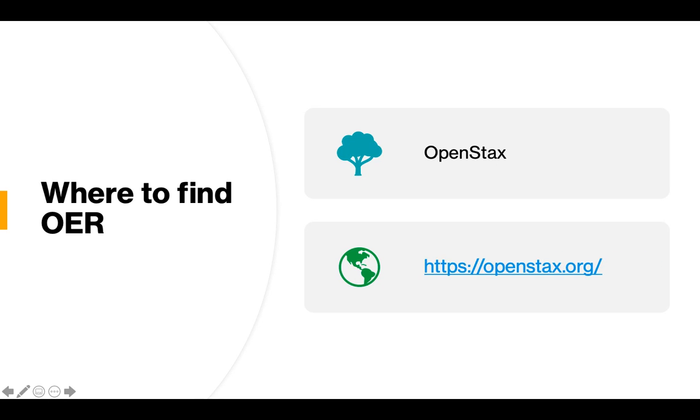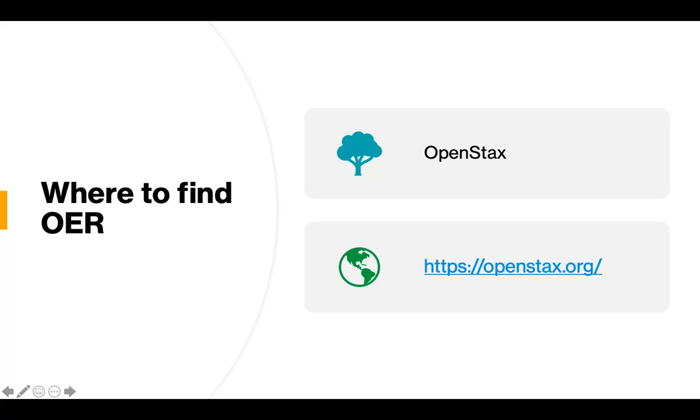The next one that I want to highlight is called OpenStax. Now, OpenStax is a source for open textbooks for high enrollment courses. So these are usually undergraduate courses with high enrollments, like your psychology or intro to chem and those kinds of things.